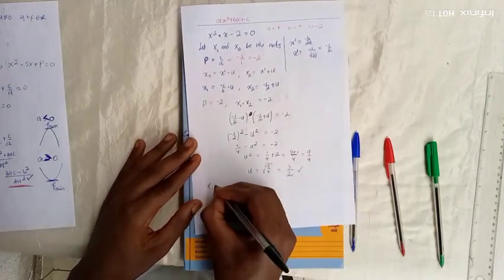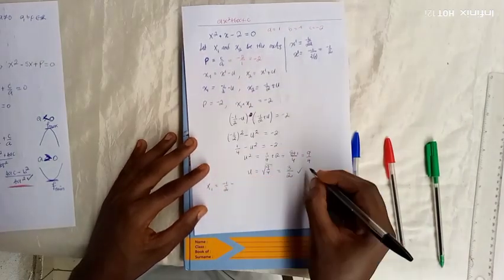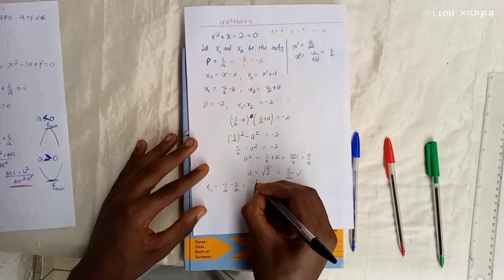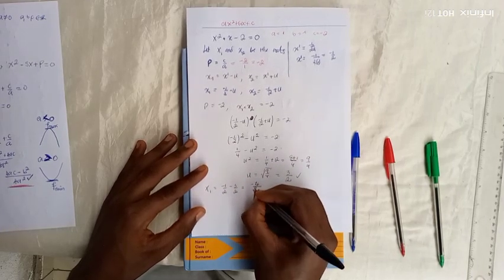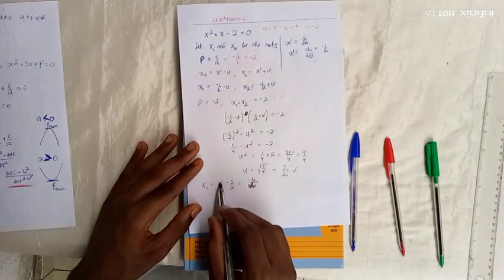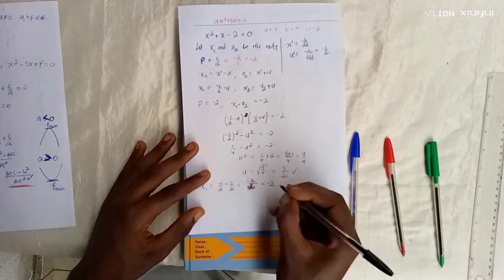So my x1 will become negative half minus my u, 3 over 2, which is just equal to negative 4 over 2. We said whenever we are subtracting or adding two fractions with the same denominator, we just apply the operation to the numerators and maintain the denominator. So this is basically negative 2.